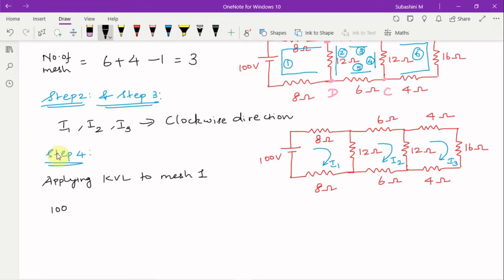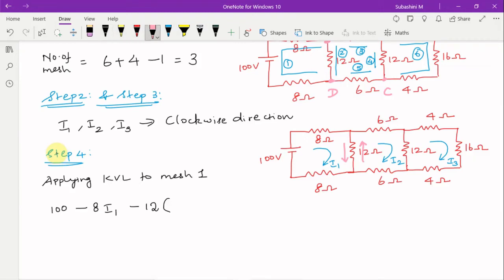100 volt is positive, minus the voltage drop in the 8 ohm resistor, which is 8 I1, minus the voltage drop in the 12 ohm resistor, which is 12 into the current flowing through that resistor. You can see that the current flowing in this direction is I1 and for I2 it is in this direction.